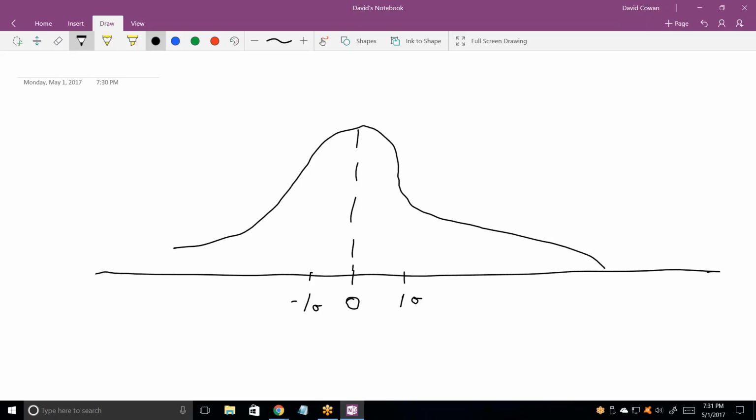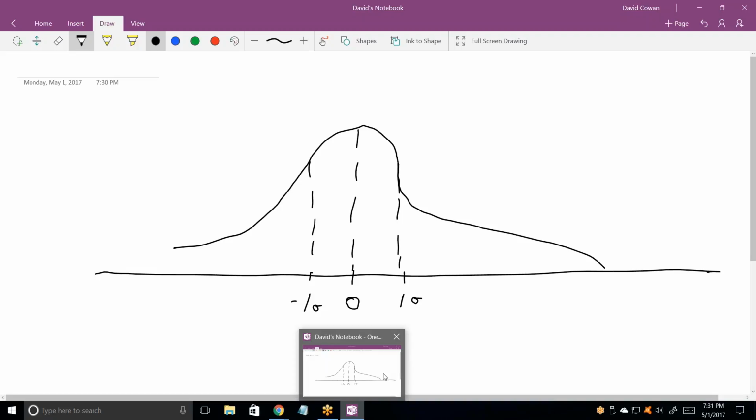Why is that a 10 and a -10 though? That's not. It's -1 sigma, 1 standard deviation, and the other side is +1 standard deviation. Well, I'm basically just drawing the general here.